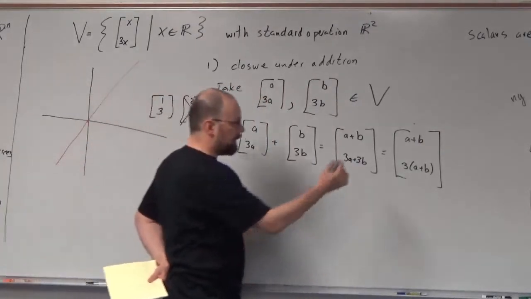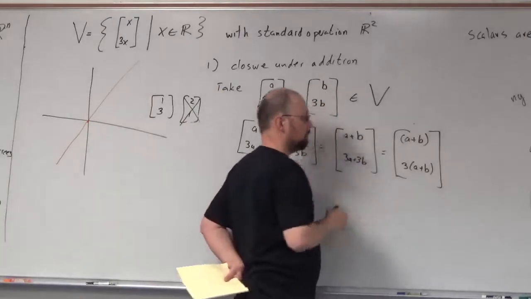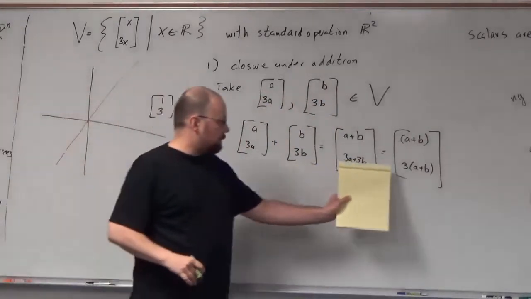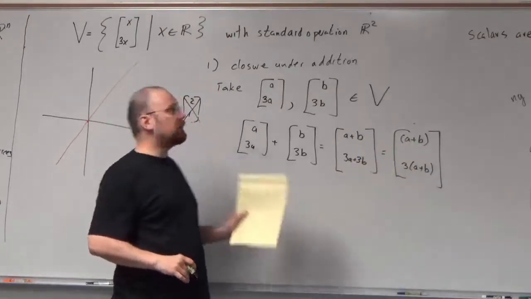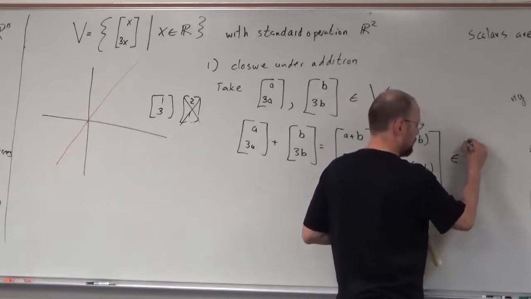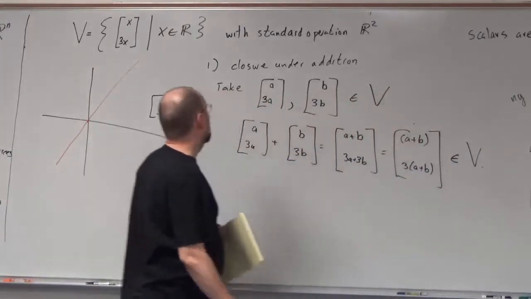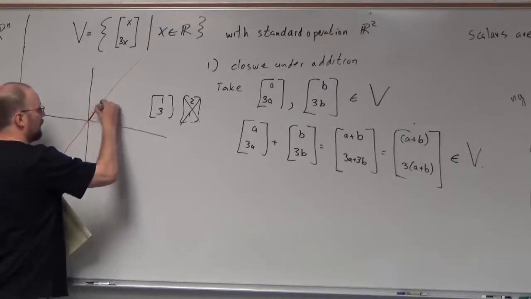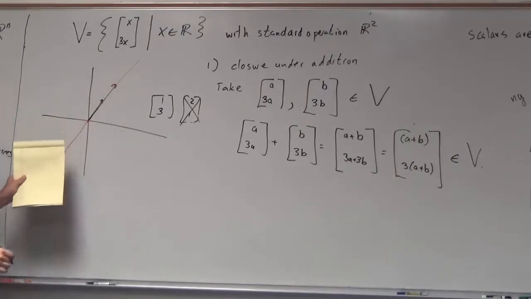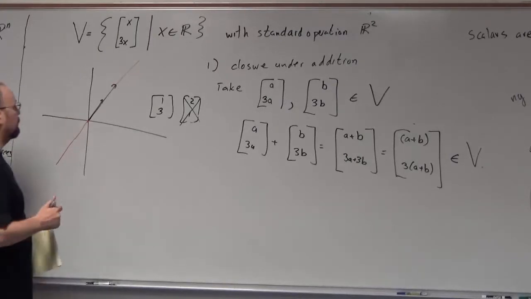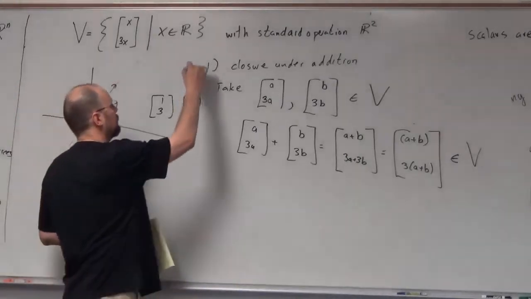The first entry is anything, A plus B is some number, that's fine. And the second entry has to be 3 times that number. And it does satisfy that condition. So we just showed that if you take any two vectors on that line and add them, you get something that's on that line. We stay in our set. So this is closed under addition.